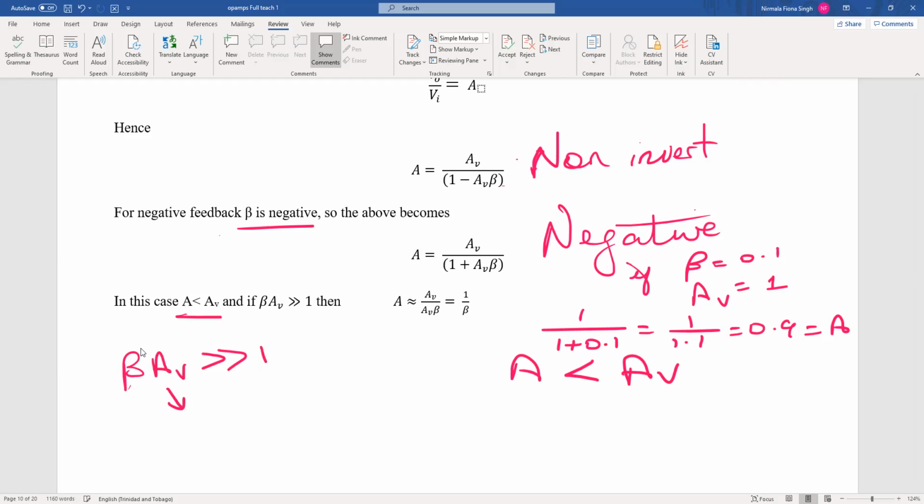Remember we said gain of an operational amplifier. Guys, gain of an operational amplifier is usually how much? We did this last day. Anybody remember the range of gain in an operational amplifier?